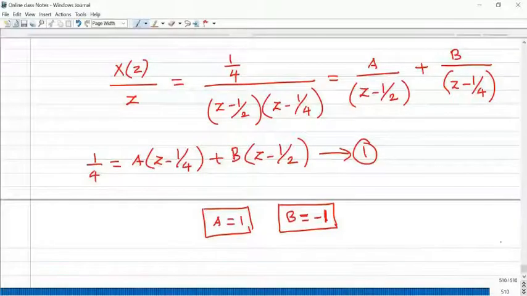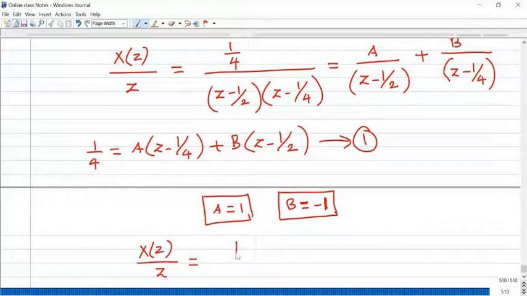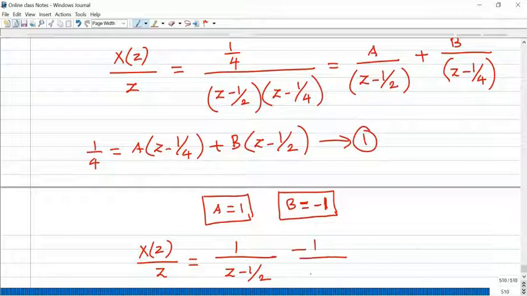Okay. So we'll get a equal to 1, b equal to minus 1. Now substitute in the main equation. X of z by z: a value 1 divided by z minus 1 by 2, b value minus 1 divided by z minus 1 by 4.